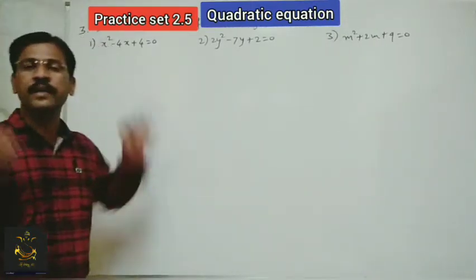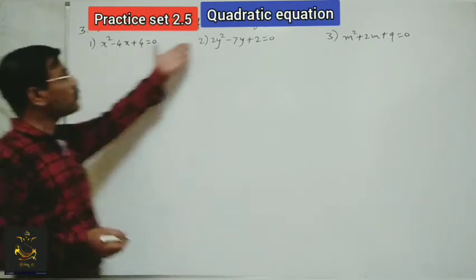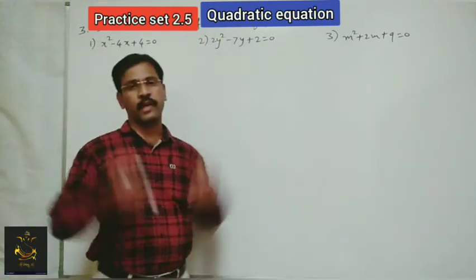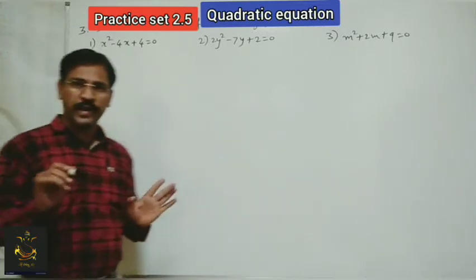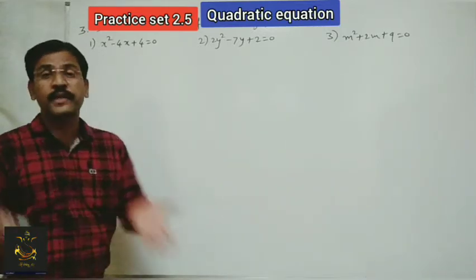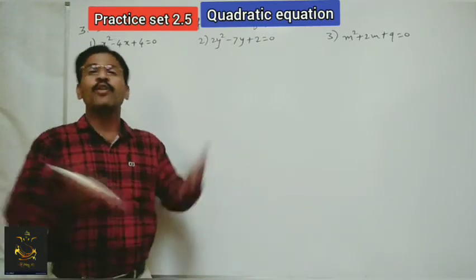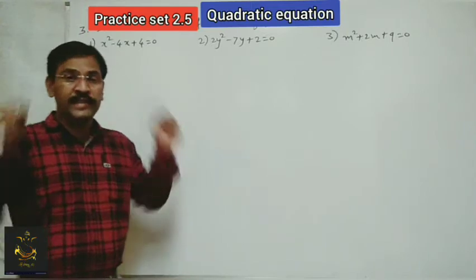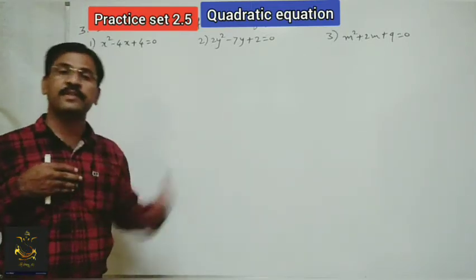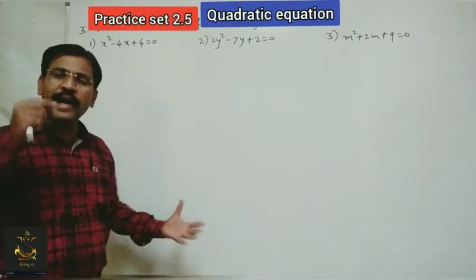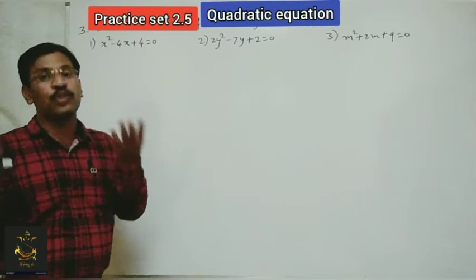In this third question, we have to determine the nature of the roots of the quadratic equation. Nature of the roots means either real and equal, real and distinct, or not real. That depends totally on the discriminant. That means we first find the discriminant's value, and after getting it, we discuss the nature of the roots.